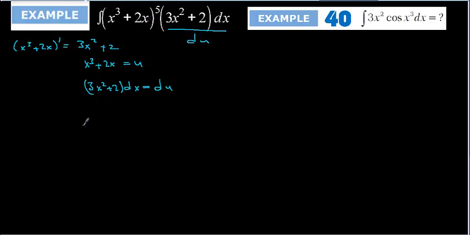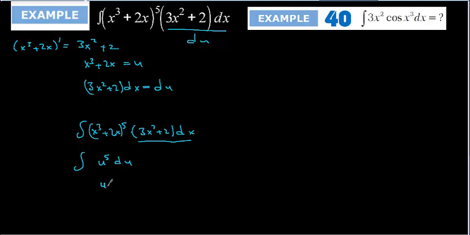So the integral of (x cubed plus 2x) to the power of 5 times (3x squared plus 2) dx: this expression is du, I said, and the integral of u to the power of 5 du is going to be, if it is like that, u to the power of 5 is the natural polynomial function we are going to accept, and u to the power of 6 over 6 plus c is the integral of this expression.